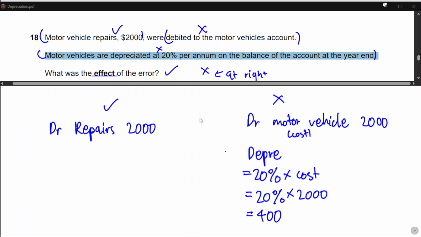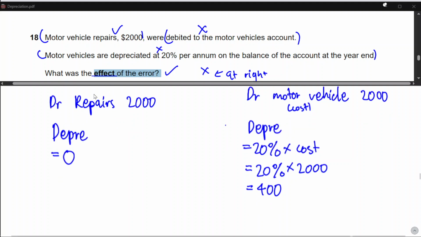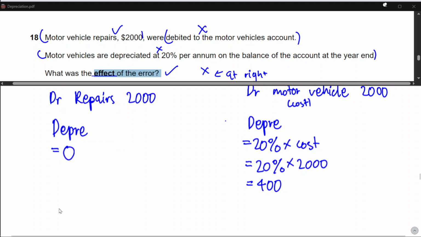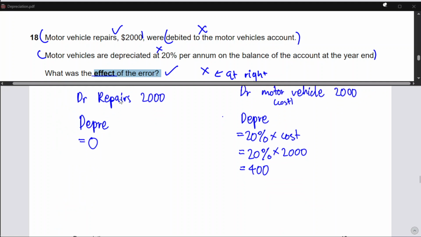So what was the effect of this error? So yeah. So in this side the depreciation, it only record repair, right? So the depreciation should be 0. Then in this side it has repairs. Let's say repairs equal to 2000.